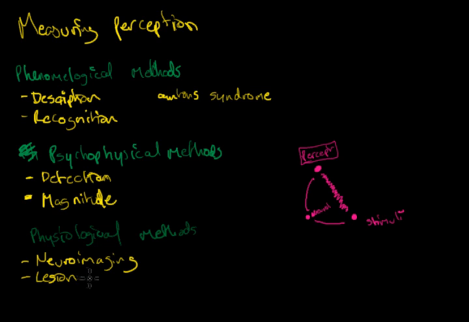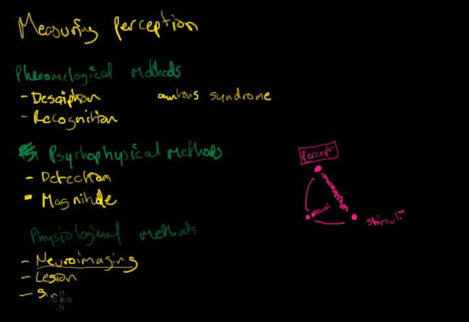Where we have damage to the brain, and if we can figure out where the damage is, we could try to deduce something about the function of that region of the brain. In the past, we had to wait until the subject died in order to study the brain and figure out where the damage was, whereas nowadays we can sometimes use neuroimaging to find out the regions that have been damaged.